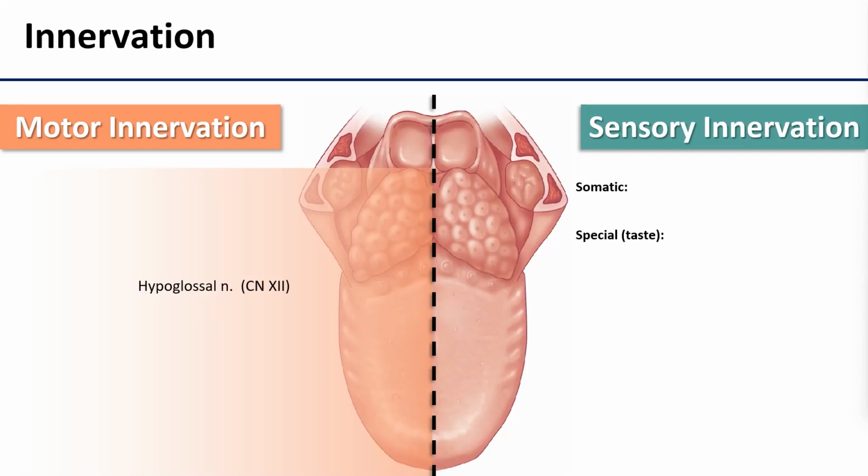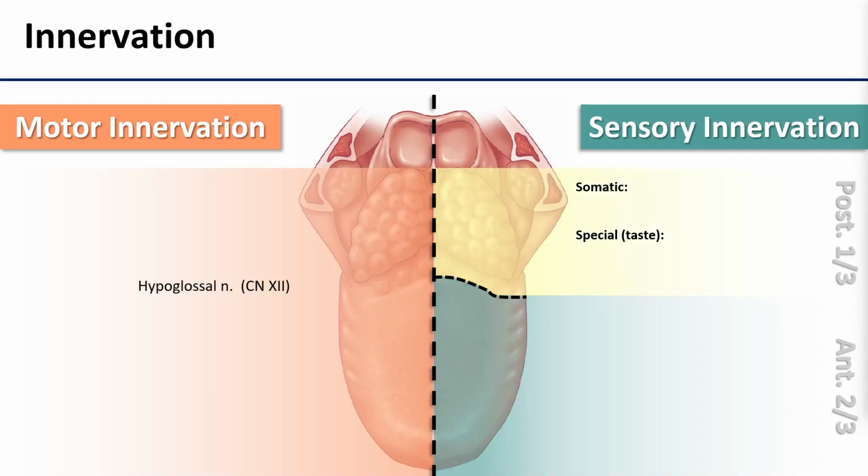All right, and not only are these different from the motor pathway, they're actually different between the anterior and posterior parts of the tongue. So these sensory regions line up roughly with the root and body of the tongue, with one major exception. And that is here.